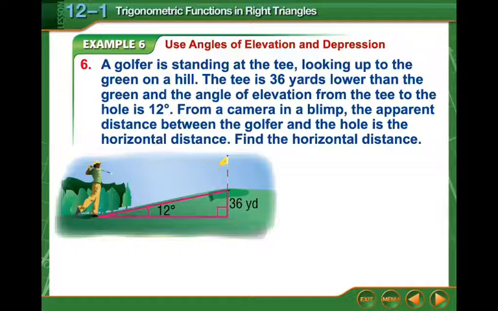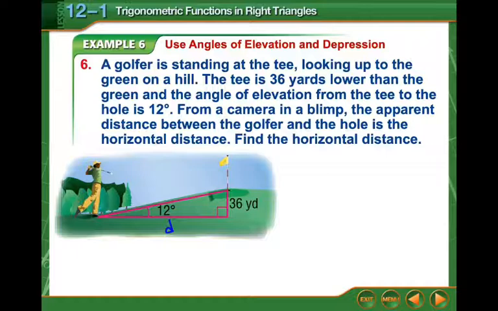Now, I'm going to tell you this, but it's not always the same. For most elevation and depression problems, the trig function you're going to use is going to be tangent. It's not always true. Sometimes you will want to find the hypotenuse, or you'll be given the hypotenuse, but most commonly it's tangent. So here we are just looking for this distance down at the bottom.